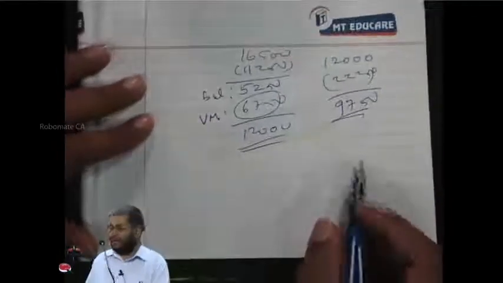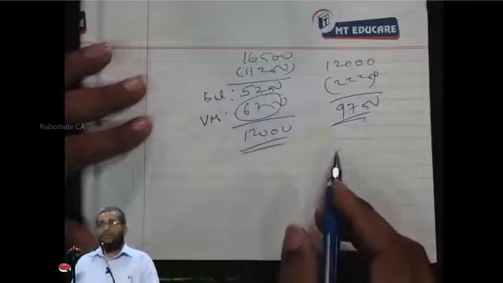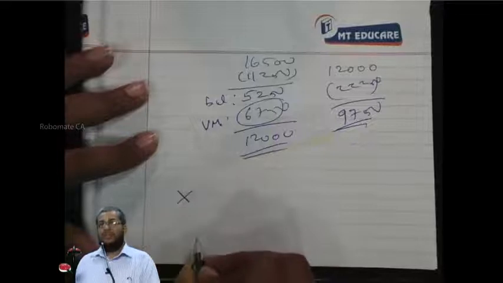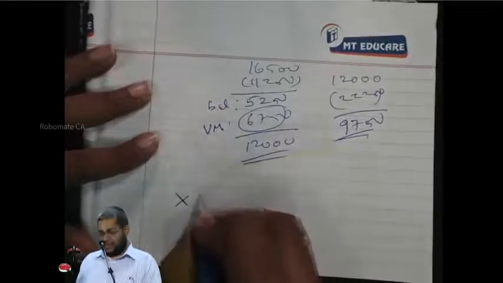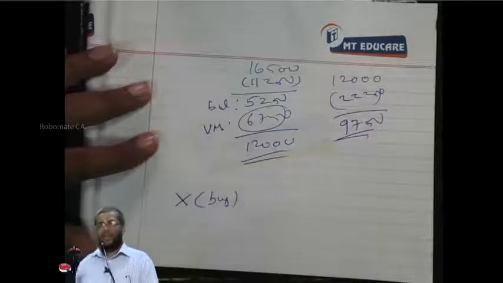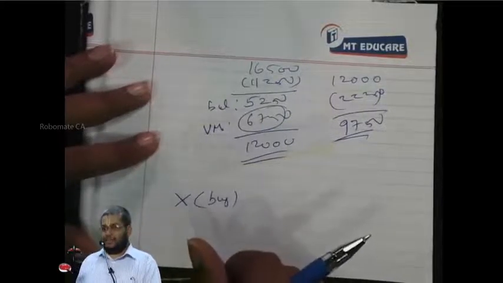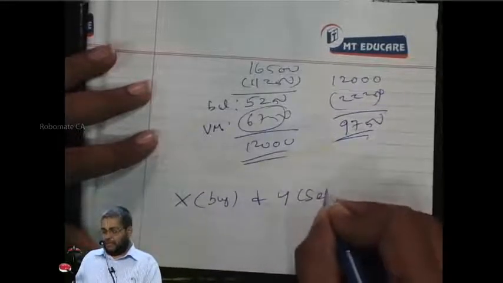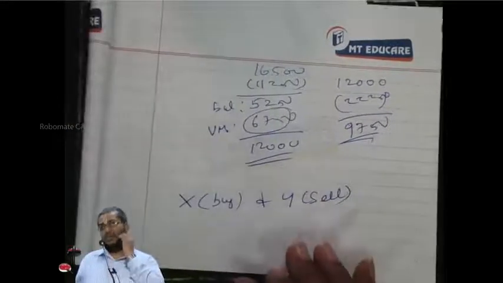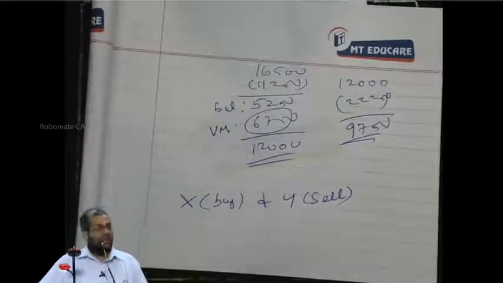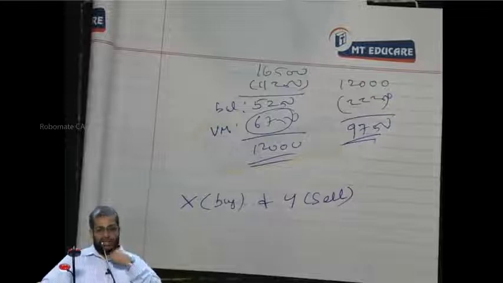For example, X has given a futures buy and Y a futures sell.